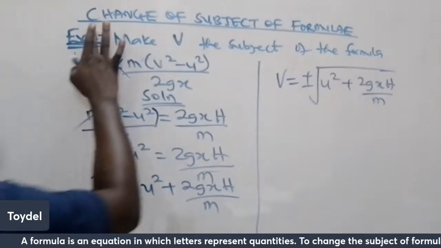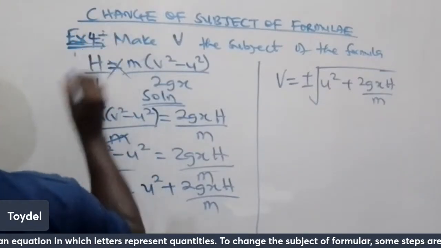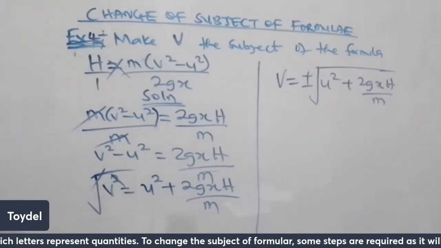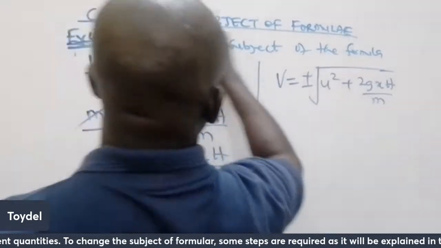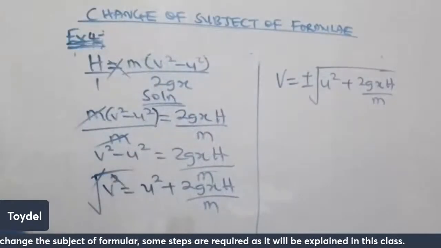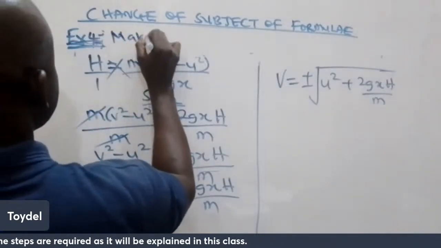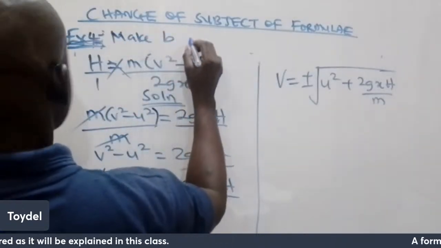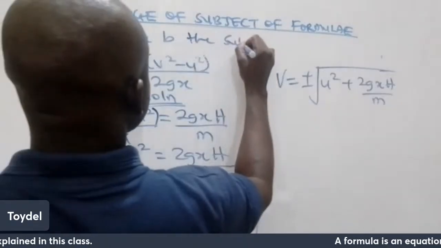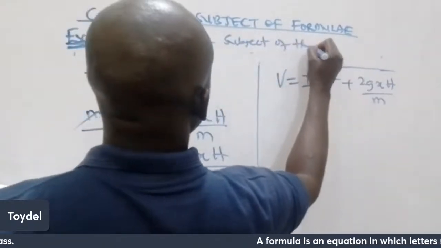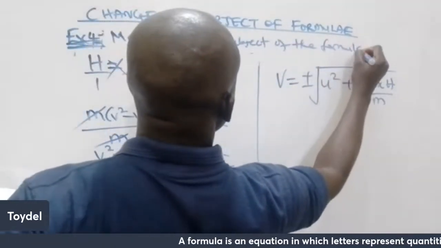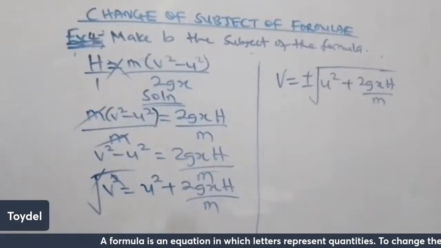So let's take one more example. That will be the last example, making an unknown the subject of formula. In this case, we want to make b the subject of the formula. So what are we given?